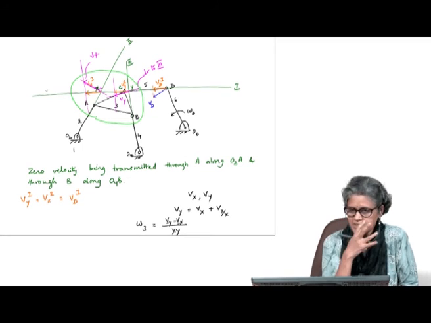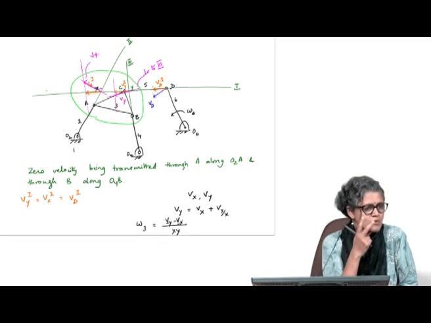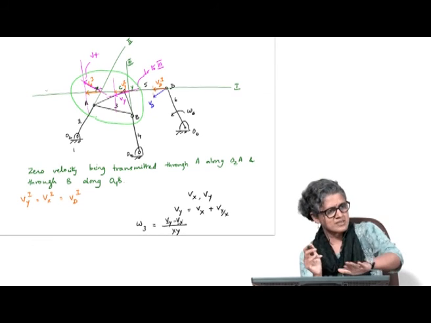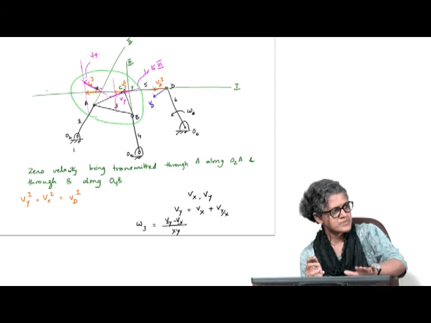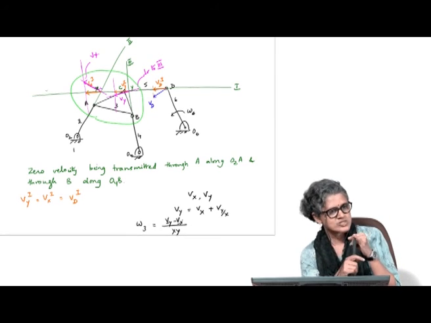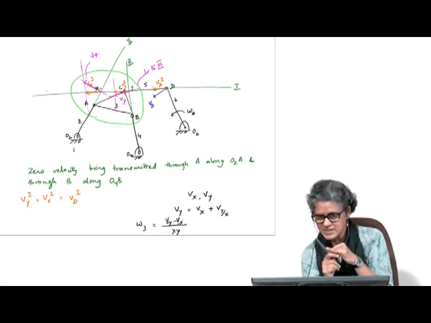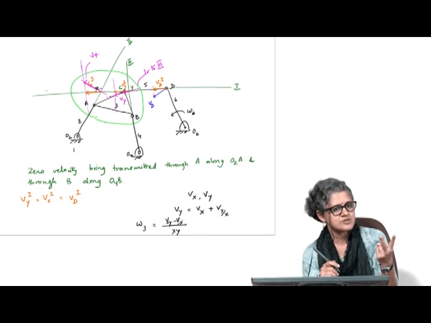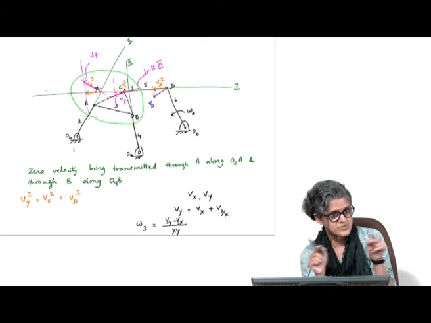To completely define the velocity of a rigid body, I need the velocity of one point and its angular velocity, or I need the velocity of 2 points, because I know the distance between those 2 points.